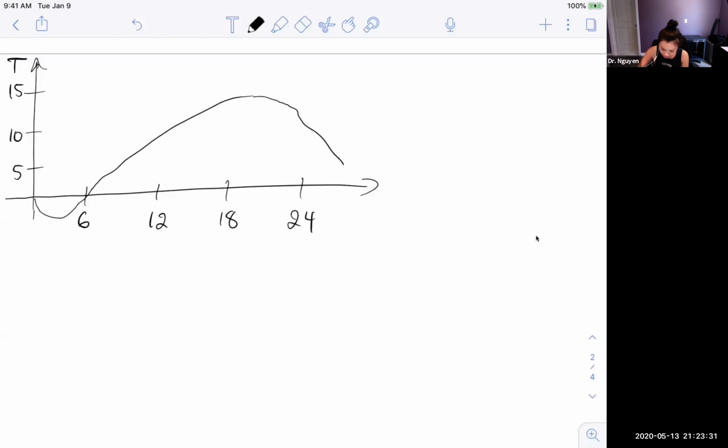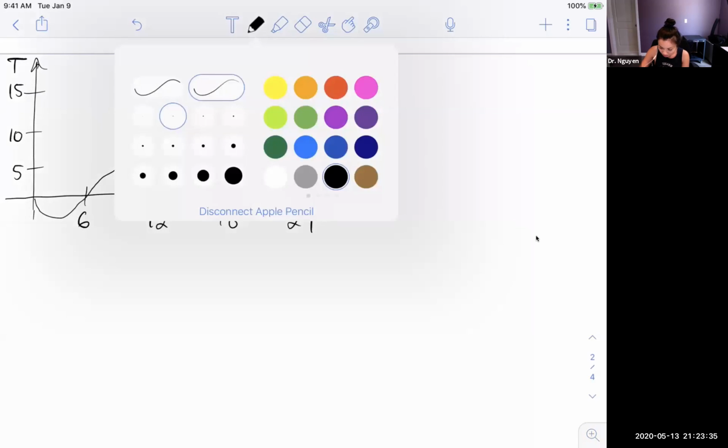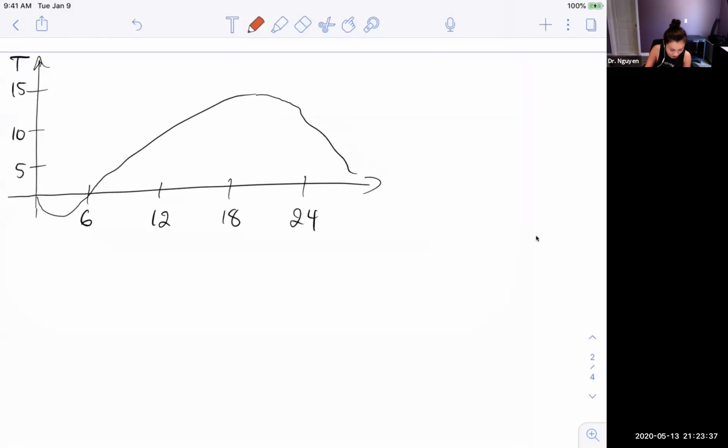Now, how about I say, okay, I'm gonna guess the average is right here. So let's say that's the average temperature. So we can compute the average value of a function from a to b, right?